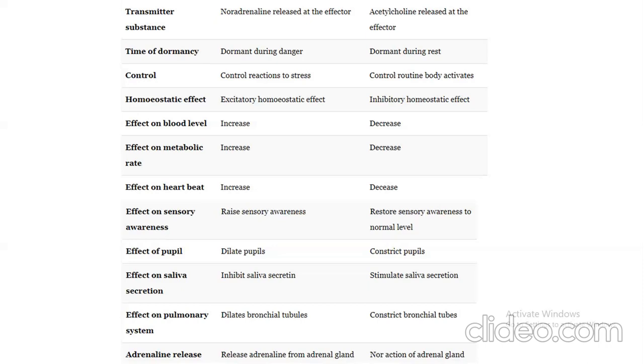Next is the effect on saliva secretion: the sympathetic inhibits saliva secretion and the parasympathetic stimulates saliva secretion. Now effect on the pulmonary system: the sympathetic dilates the bronchial tubules, and the parasympathetic constricts the bronchial tubules. Now next is adrenal release: in the sympathetic, adrenaline is released from the adrenal gland, and in the parasympathetic, there is no action of the adrenal gland.